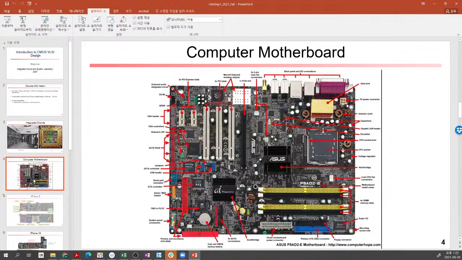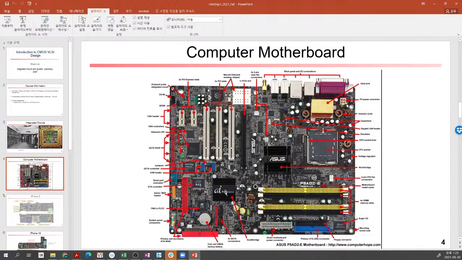For example, this is the computer board. Here you can put the CPU, and then we have the Northbridge chipset that deals with the data transfer between memory and the CPU.